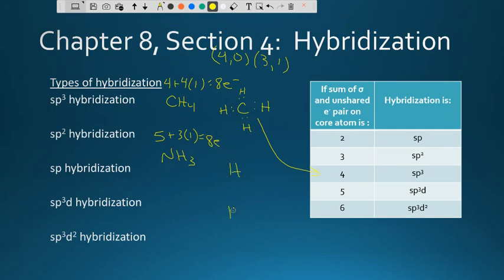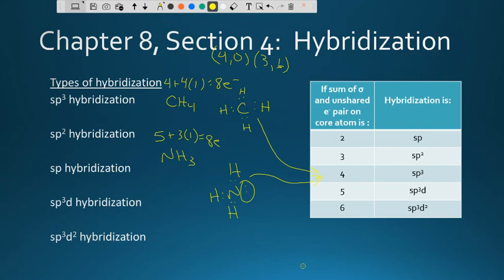So hydrogen, hydrogen, here's my nitrogen, hydrogen, 2, 4, 6, and I must have 8 right there. Okay, so I see I have 1, 2, 3 shared, 3 sigma, but I have 1 unshared.